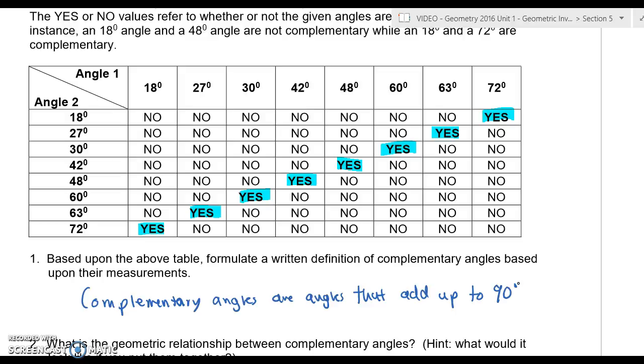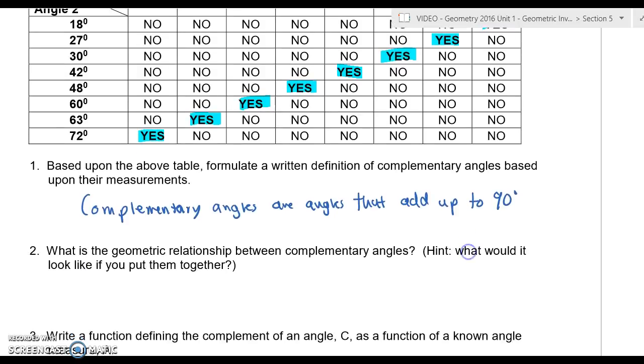So geometrically, we're trying to think about what does 90 degrees actually mean. So what would it look like if we put together two angles that add up to 90 degrees? Well, if you think about this, a 90-degree angle is a right angle. And so we take any two angles that form that, and they would create that right angle. It doesn't matter what this one is.